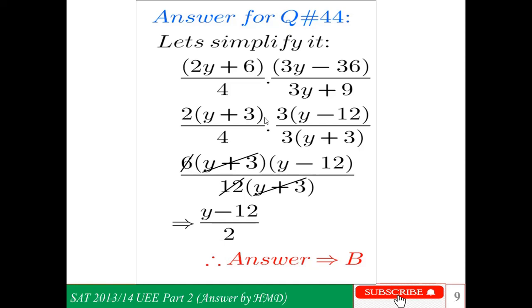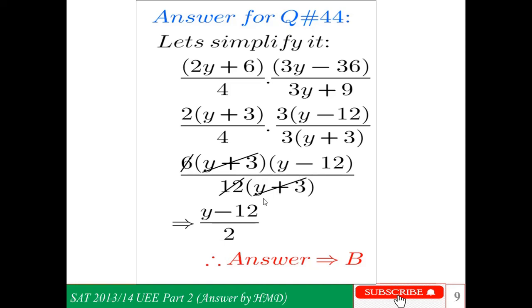Now multiply numerator by numerator and denominator by denominator. The product becomes 6 times y plus 3 times y minus 12. Where does this 6 come from? It is 2 times 3, right? Over 4 times 3 is 12, times y plus 3. Now cancel the commons.